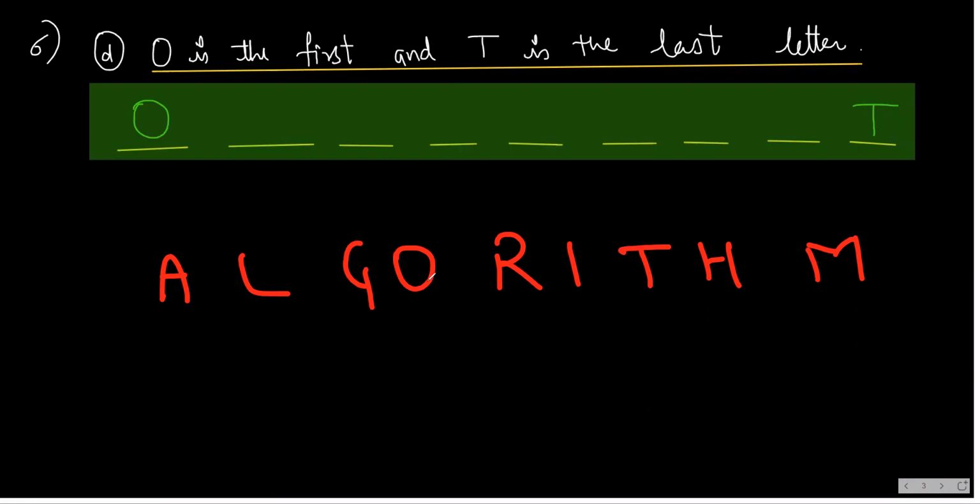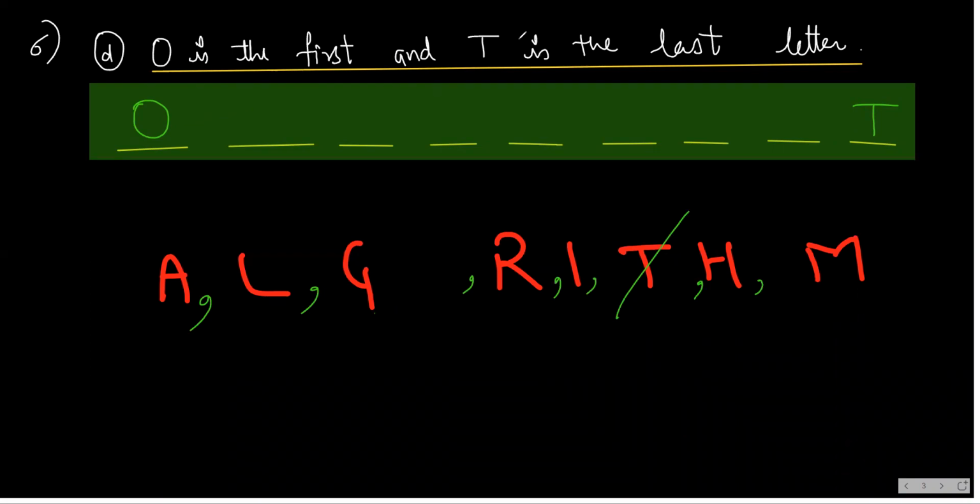Got it? So O and T are gone. Please understand, you have to arrange all the 9 letters at 9 places, of which O is now used up. Why? Because you have already written O at the first place.